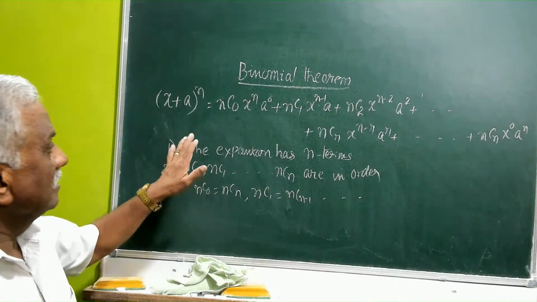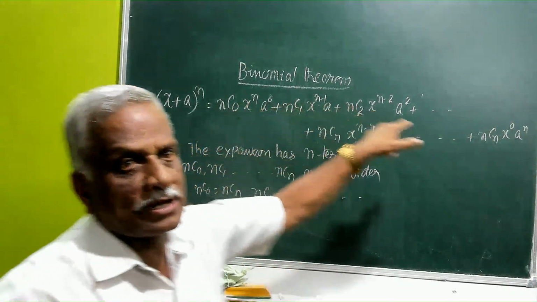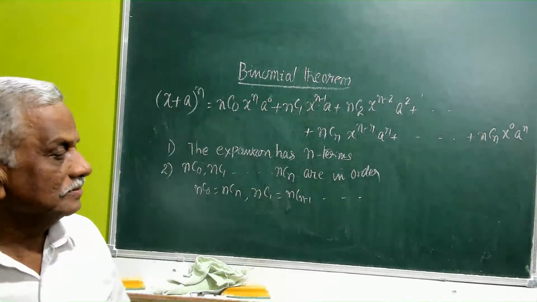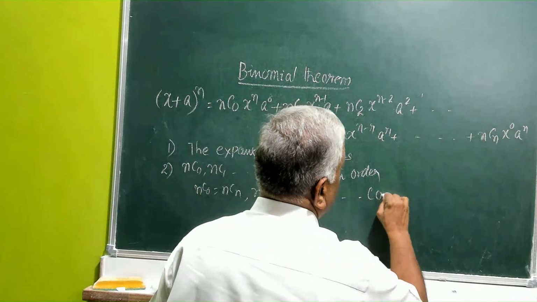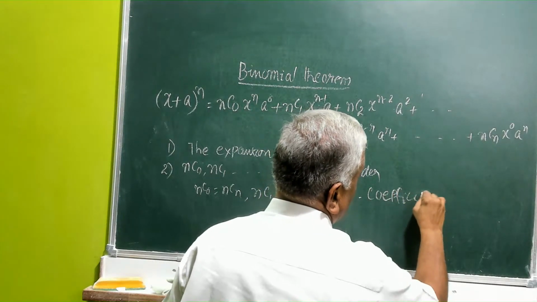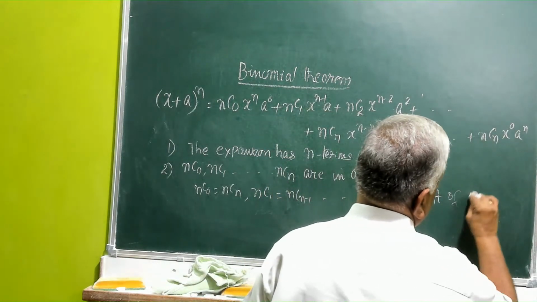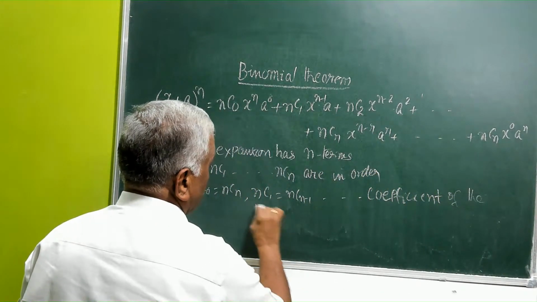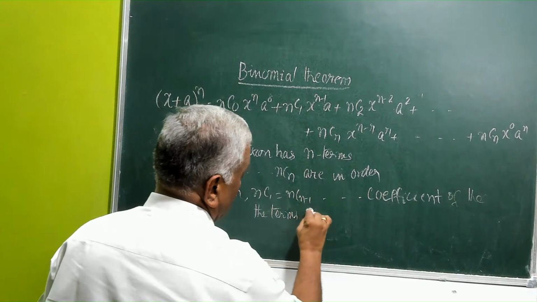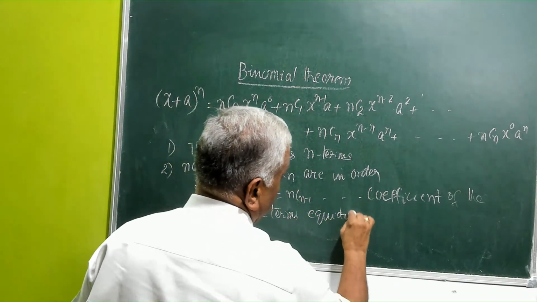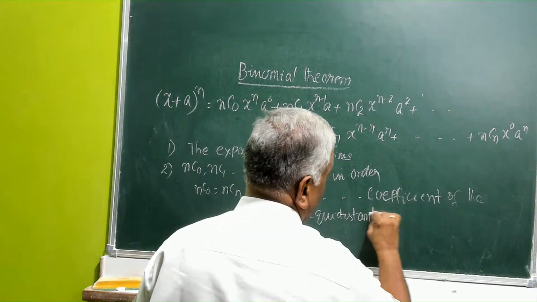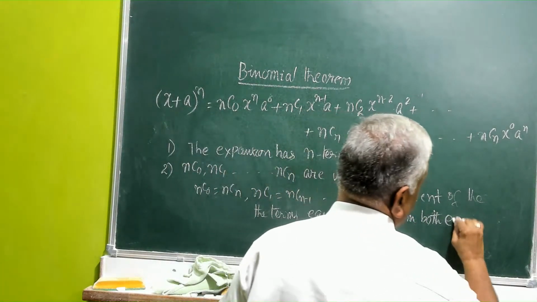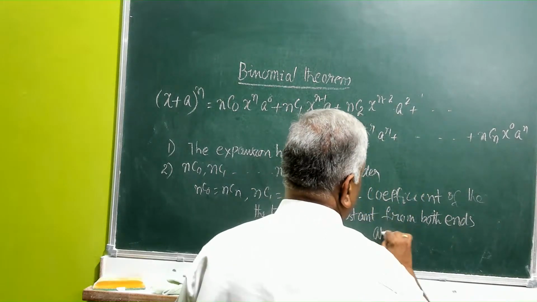What is the meaning of that? The coefficient of the first term is the same as the last term. So the coefficients of the terms equidistant from both ends are equal.